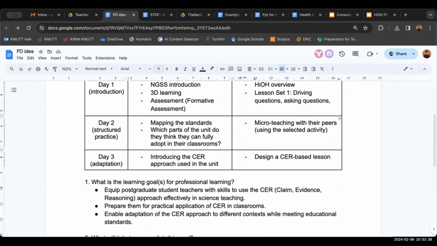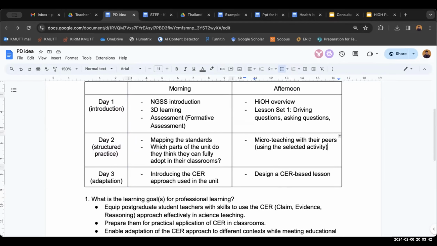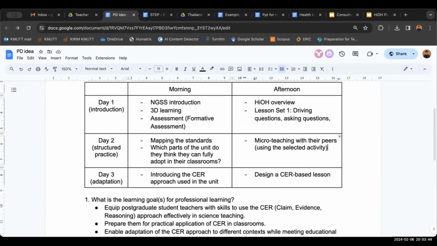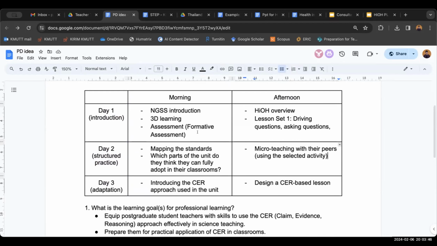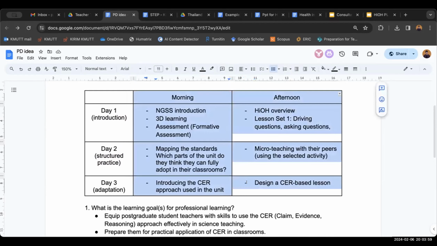And so what are the driving questions for day 2 that will make the pre-service teachers try to make sense of the activities? You mean the driving question for the PD, right? Or the driving question for teaching?